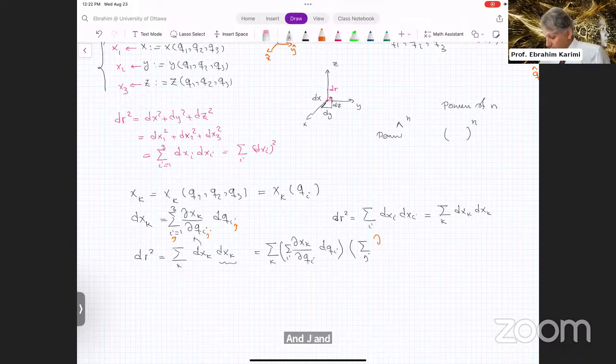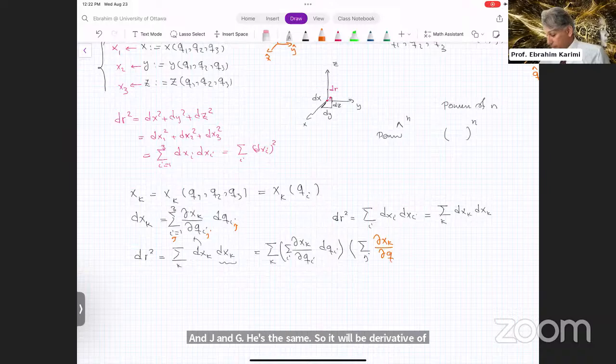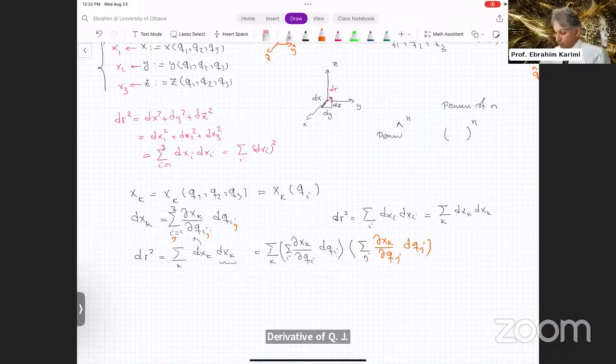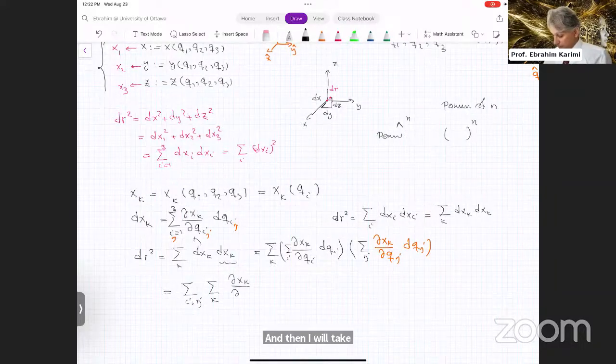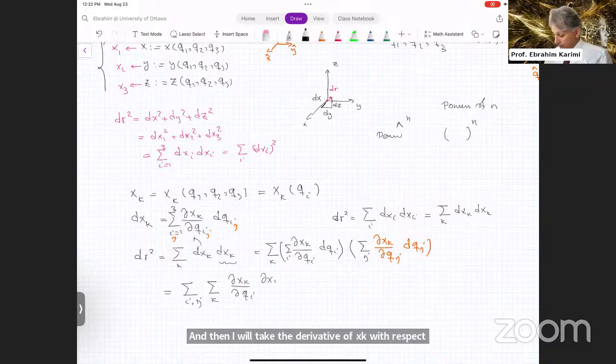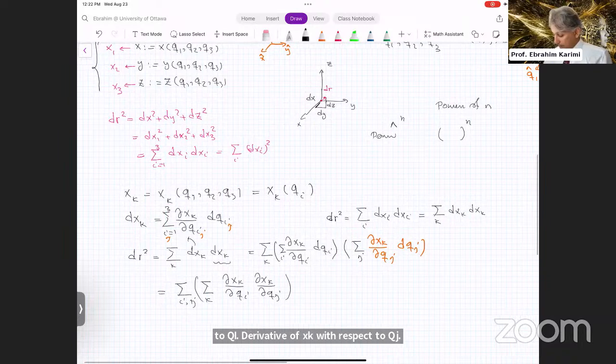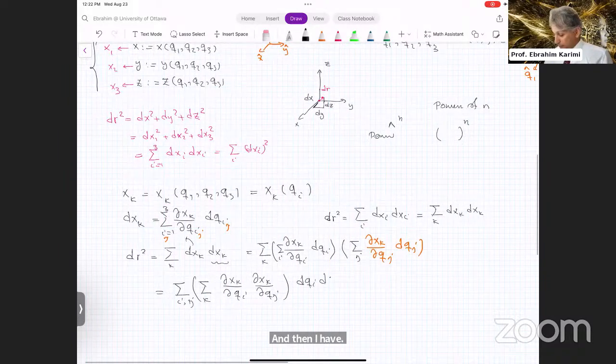So it will be the derivative of xk, and what is important is that k is fixed, derivative of qj, dqj. When I simplify the product, it will be the summation on i, j, and the summation on k, which is important. Then I take the derivative of xk with respect to qi, the derivative of xk with respect to qj, and then I have dqi, dqj.